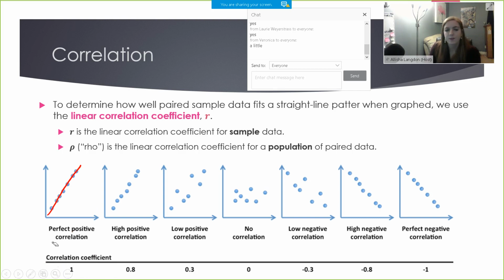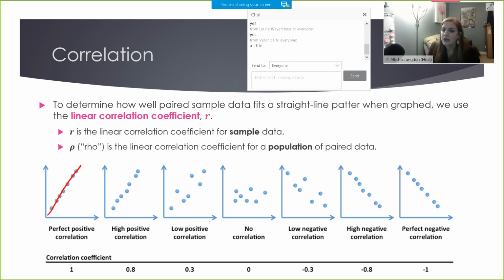Now, as you start to move towards 0, notice what happens. Here's 1. Here's 0.8. Notice some of the points get a little bit off of that straight line. It's pretty close to a linear equation, but it's starting to get a little bit off.